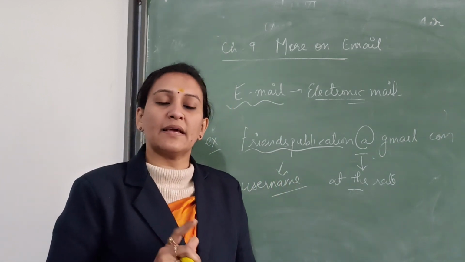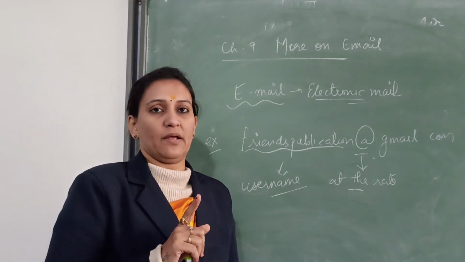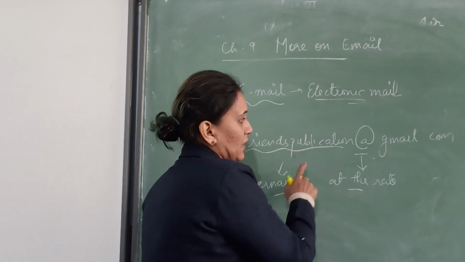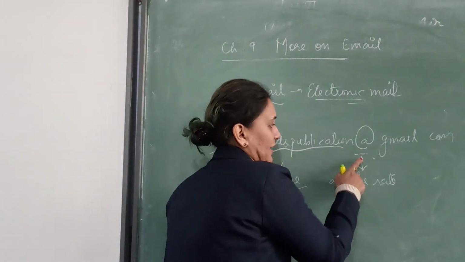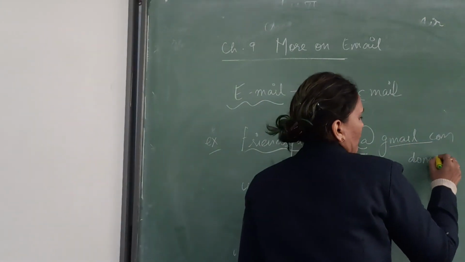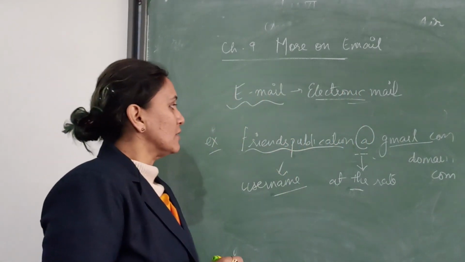No two persons can have the same email ID on one name, right? Okay. So we have a username, then there should be the symbol @ and then the domain name. This is a domain name, right? Whether it can be Yahoo or Google, it can be any.